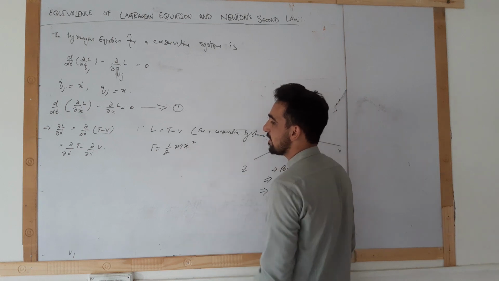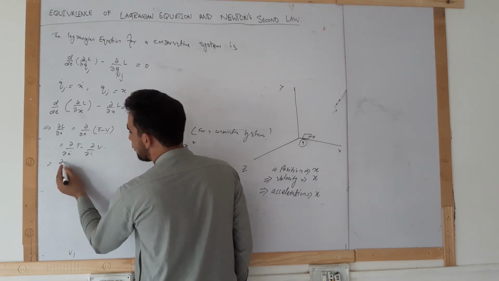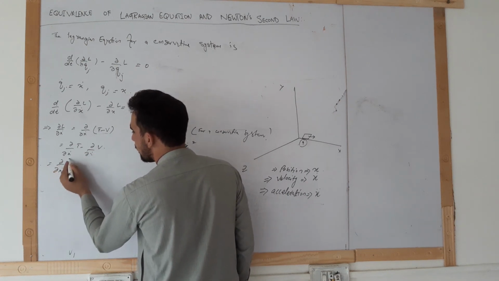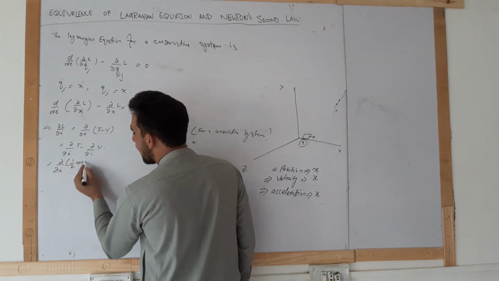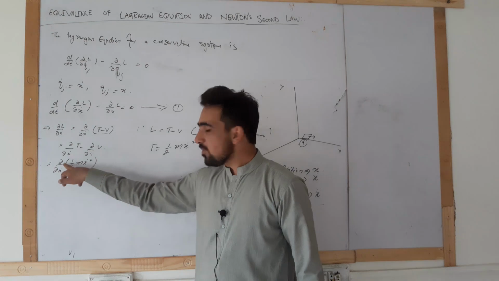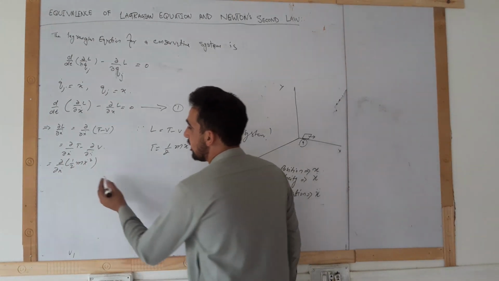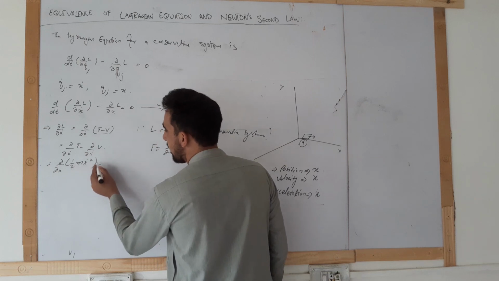Substituting T here, we get partial by partial x dot of 1 by 2 m x dot square. By differentiating, this 2 will come outside and will cancel out with this term. So we are left with m x dot.